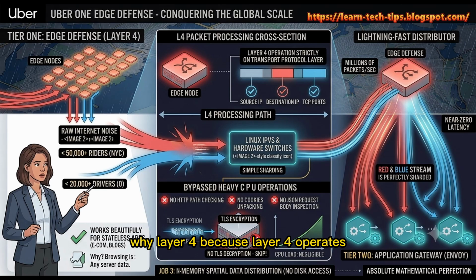Because Layer 4 operates strictly at the transport protocol layer. It looks only at source IP, destination IP, and TCP ports. It does not care about HTTP paths, cookies, or JSON request bodies. It does not even decrypt TLS encryption.